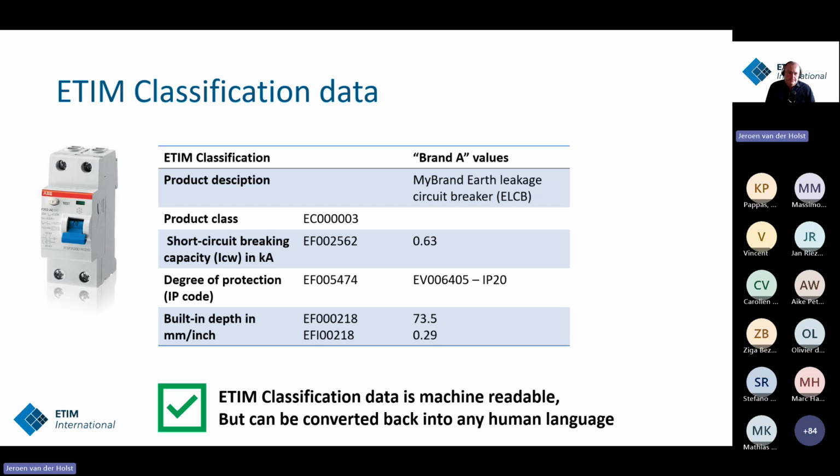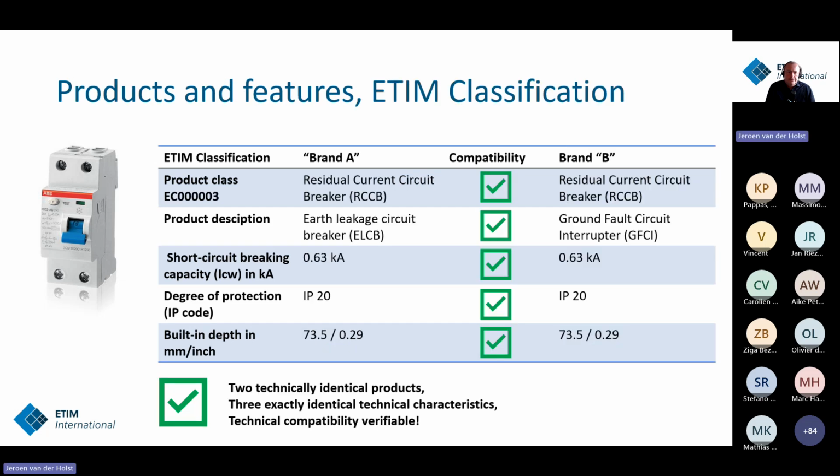That makes ETIM classification data machine readable, but it can be converted back into any human language at the place of arrival, as long as somebody maintains these languages. We have about 20 languages now actively being maintained by our community.